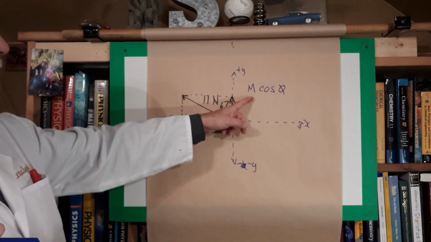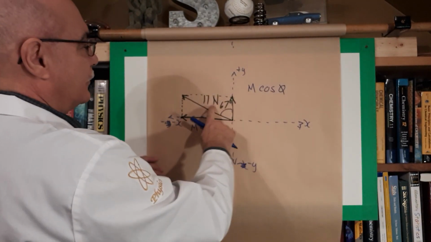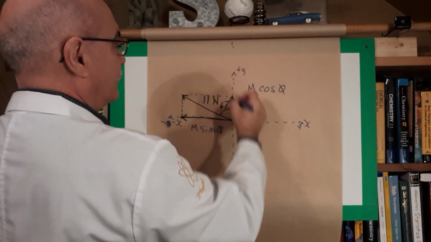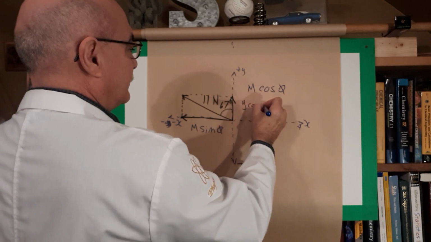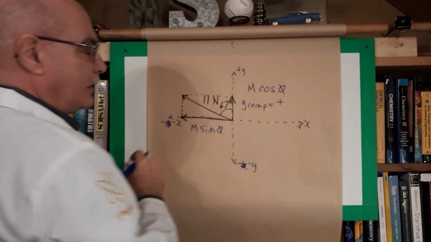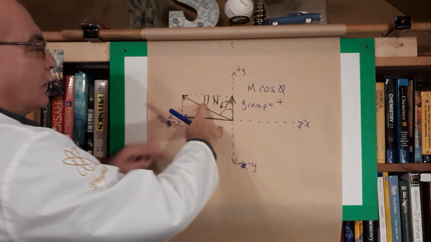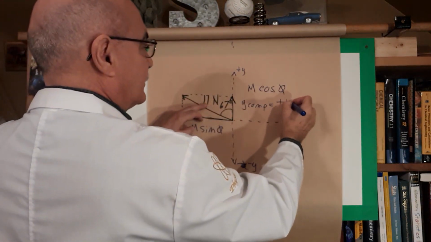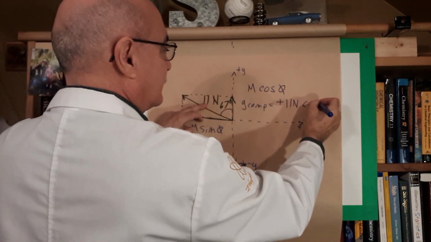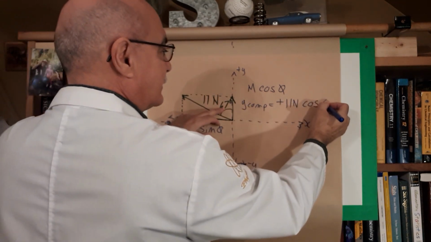Let's have a look at this now. M is the magnitude of the force. So this is the y component, which is equal to m cosine theta, y in the positive y-axis, so it's going to be positive. M is 11 newtons. Cosine, the angle given is 67 degrees.